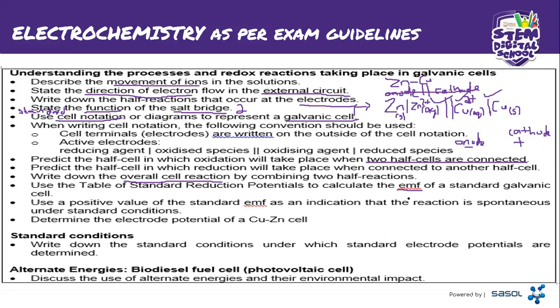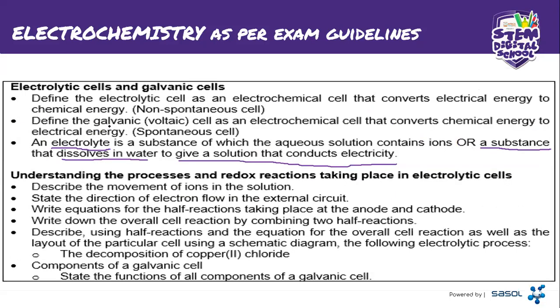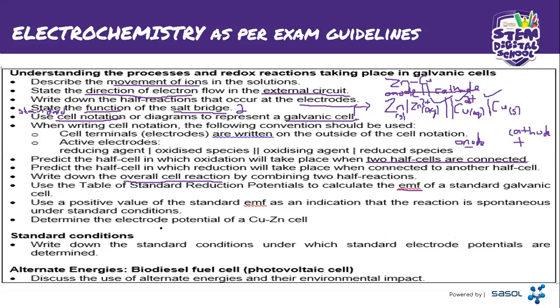You will then remember, my dear learners, when we talk about a galvanic cell, we are talking about an electrochemical cell that converts chemical energy to electrical energy. So we will get electrical energy from a galvanic cell, and that is why we will have an EMF, and that EMF is definitely going to be positive. And that is why we actually say this galvanic cell is a spontaneous cell, meaning the reactions are spontaneous.